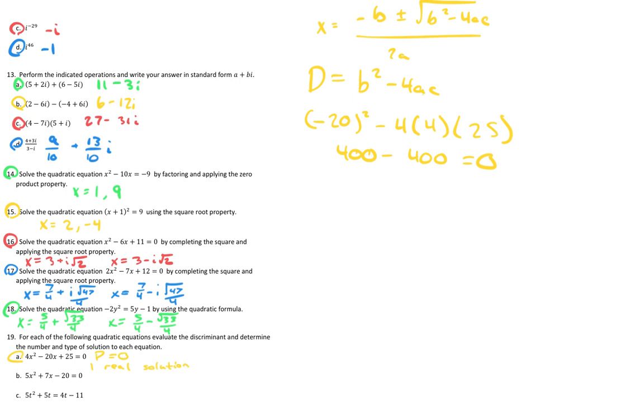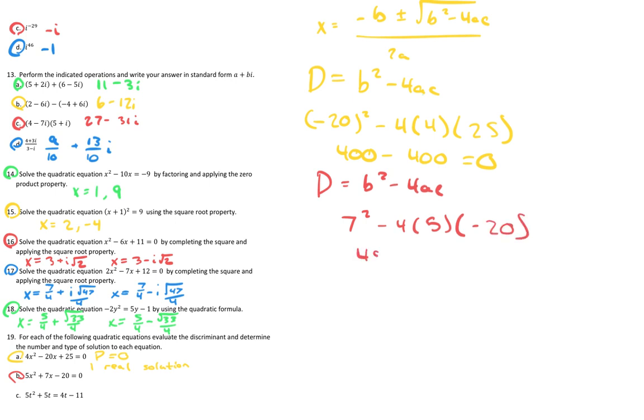Okay, now for part B here, it's the same thing. B squared minus 4ac. So b is equal to 7, so we're going to have 7 squared minus 4 times a is 5 times c is negative 20.